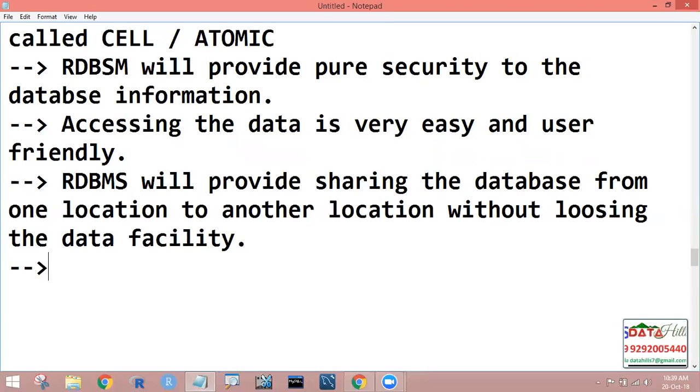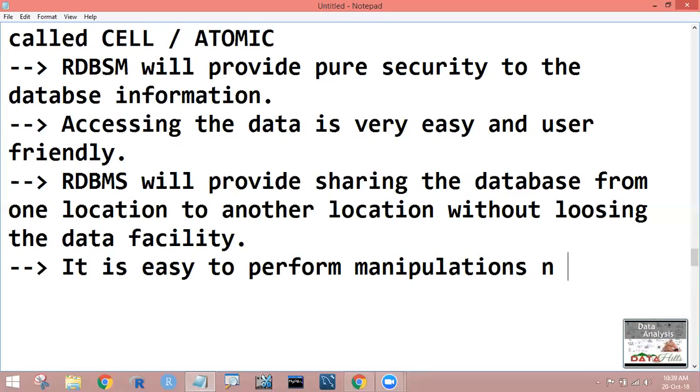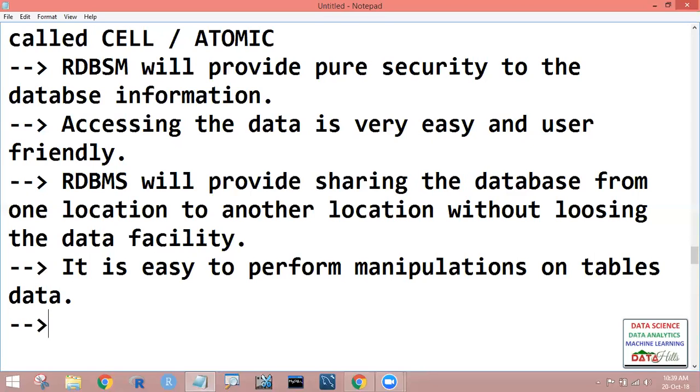Here it is very easy to perform manipulations, it is going to improve the application performance, and it is going to avoid the redundancy problems. We have so many features; now we are going to discuss some of them. It is easy to perform manipulations on table data.